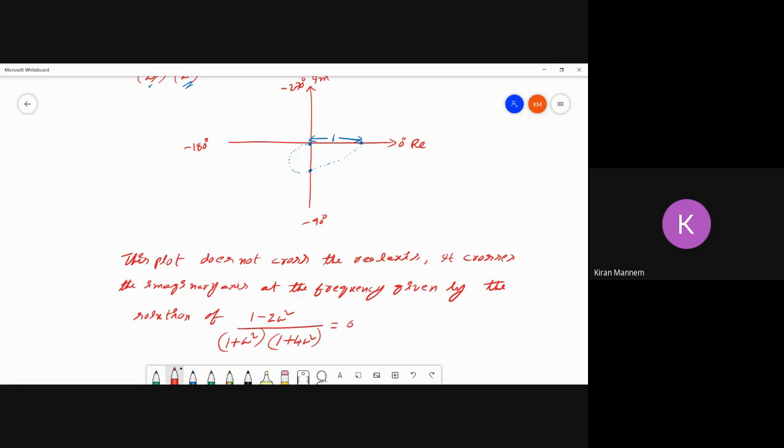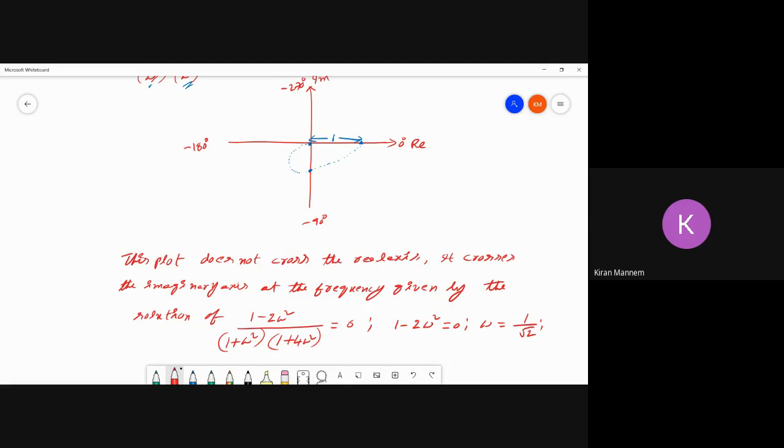This would be 0. The real term will be 0. So here you will get 1 minus 2 omega square is equal to 0, or omega would be 1 by root 2. So this is the crossing point, right?